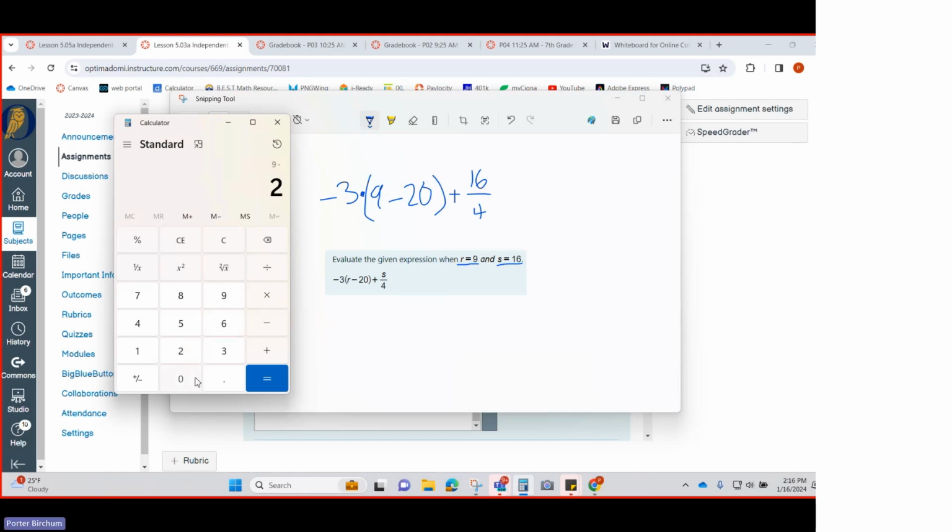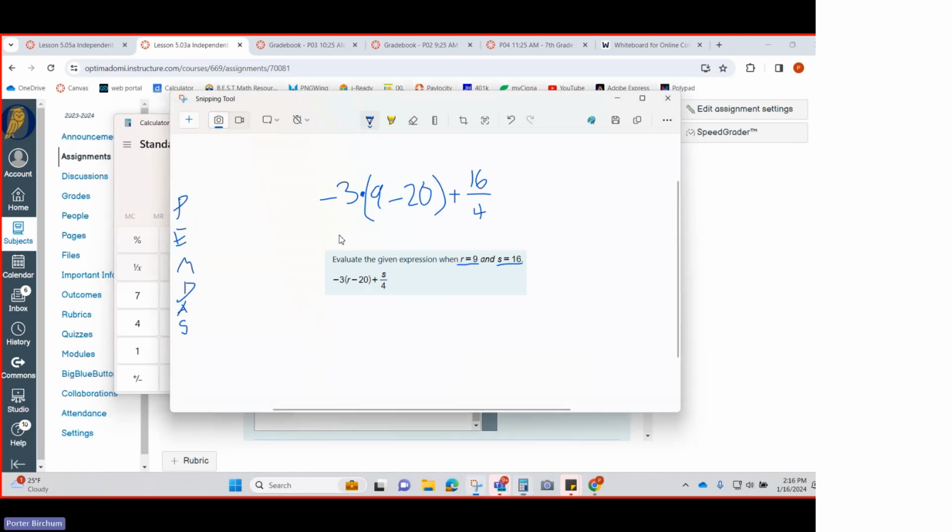It will be a negative 11. Let's rewrite this. -3 times, instead of 9 minus 20, I will write -11, and the parentheses can disappear because there's no longer an operation sign that's trying to skip the PEMDAS. Plus 16 divided by 4.